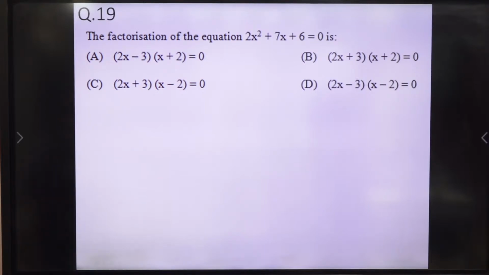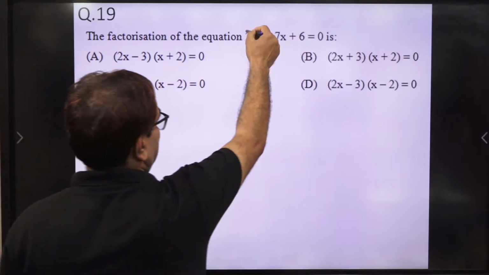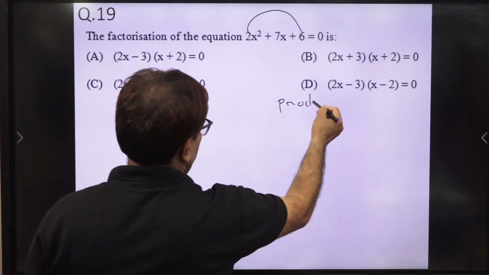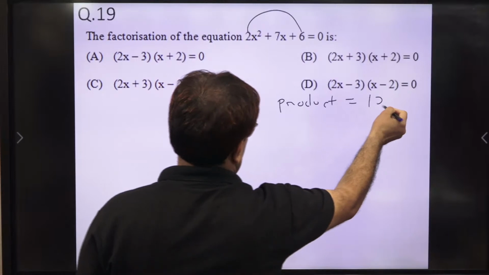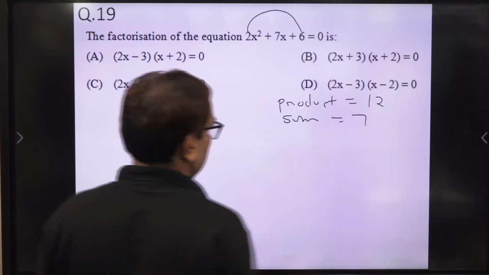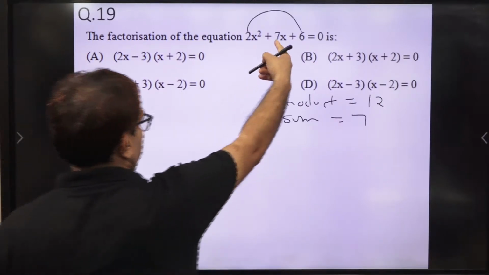Very simple question. Okay. So we have to search for two numbers whose product is this product, 2 into 6, 12. So we want two numbers whose product should be 12, and whose sum should be equal to this coefficient 7. Okay. So such numbers are 4 and 3. So we can break this 7x.